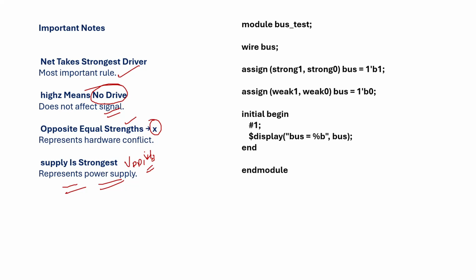So this is the module I want to test here. Tell me what output we are getting. Assign strong 0, strong 1, weak 0, weak 1. My bus is driving 1 and my bus is driving 0. What output am I getting here? Strong means 1 is the output, because the bus is storing the output value.